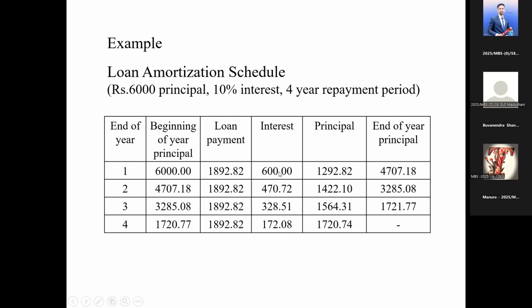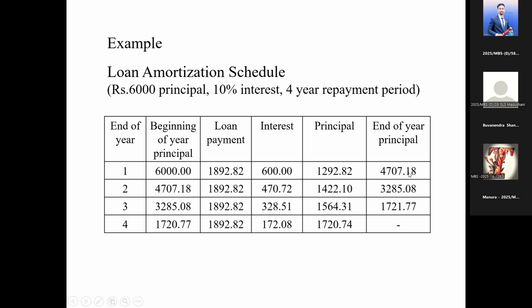Out of this 1,892.82, 600 is interest and the balance, 1,292.82, I paid as principal. Now what is the principal balance at the end of the year? 6,000 minus 1,292.82, so 4,707.18 is the balance at the end of year one.